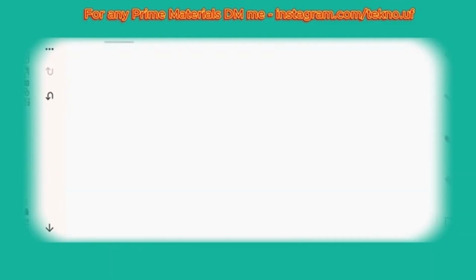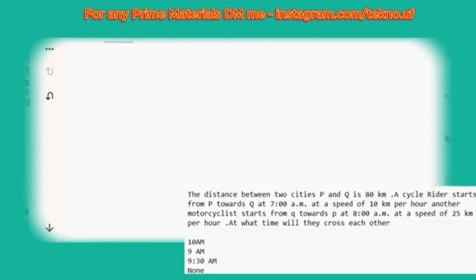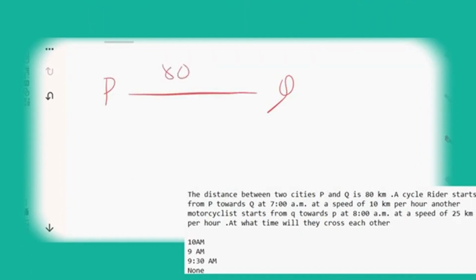Let's discuss the first question: the distance between two cities P and Q is 80 kilometer. A cycle rider starts from P towards Q at 7 a.m. at a speed of 10 kilometers per hour.